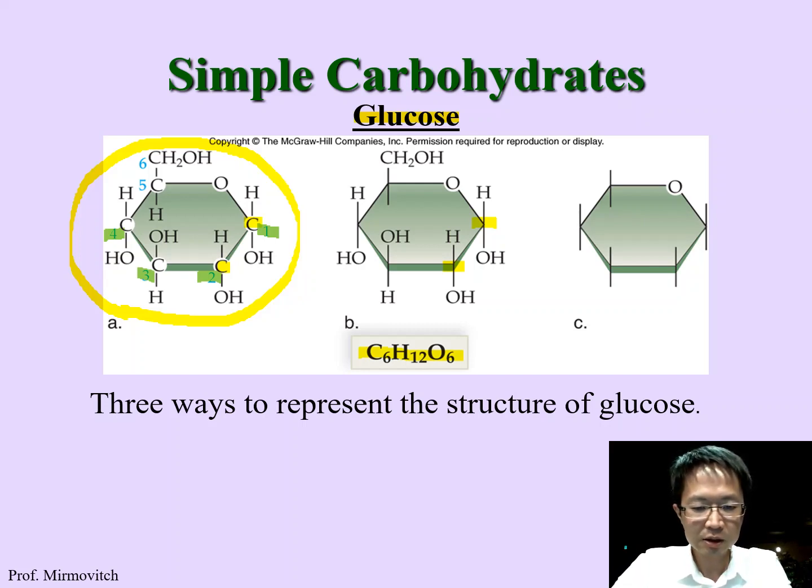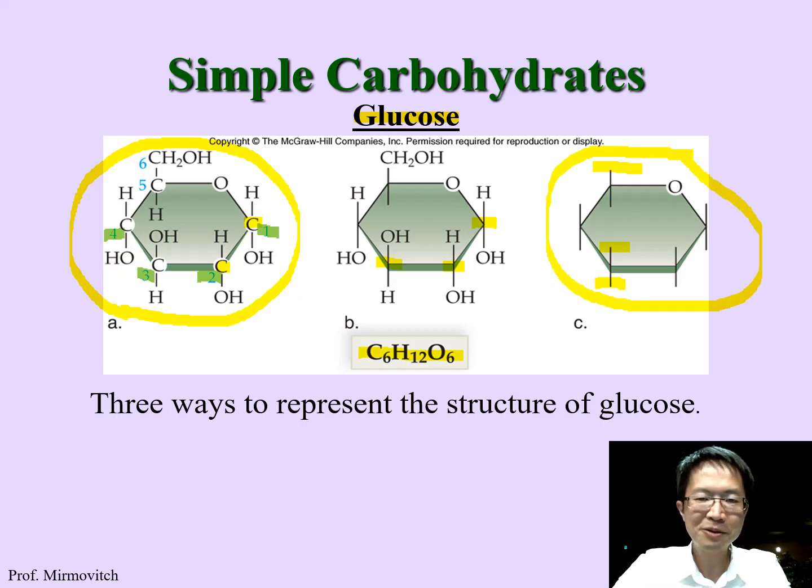And scientists are lazy. We like to omit the carbon when we draw out the structure, and sometimes we will even omit the hydrogen atoms and hydroxide groups, and also the CH2OH, because many scientists know that this is glucose, and they assume that they know the structure of glucose. That's why they're too lazy to draw all the detailed atoms.